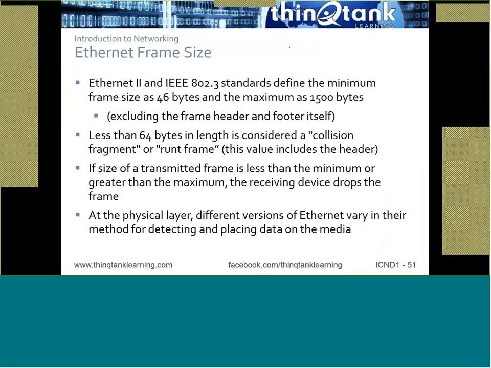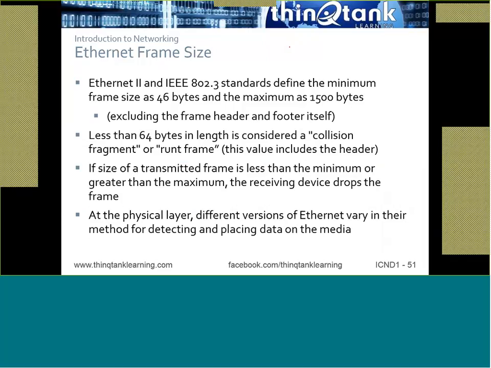Now, as far as the frame size goes, we know that in Ethernet 2 and 802.3 Ethernet, we define a minimum size of 46 bytes and a maximum size of 1,500 bytes based on MTU. That excludes the frame header and the frame footer. Now, we already know that the frame footer is 4 bytes. The header is what?